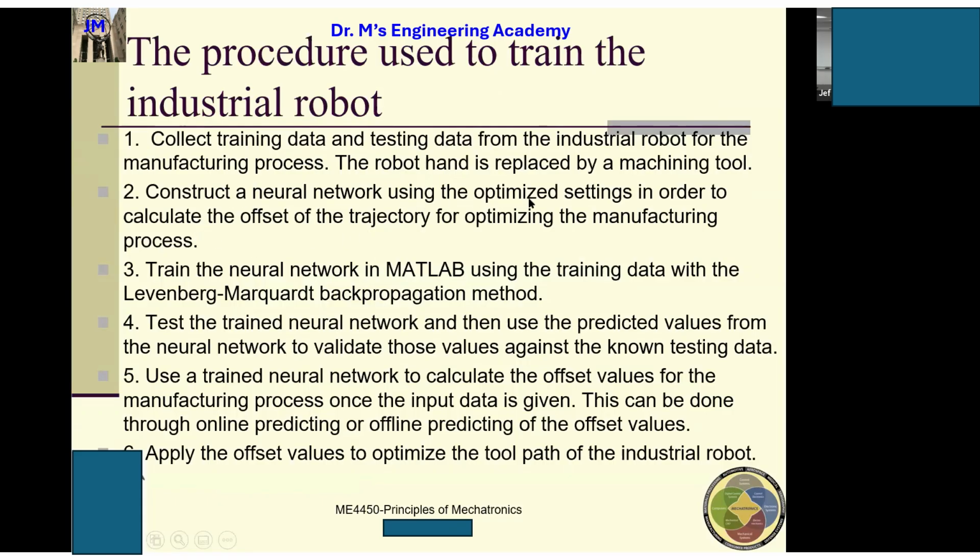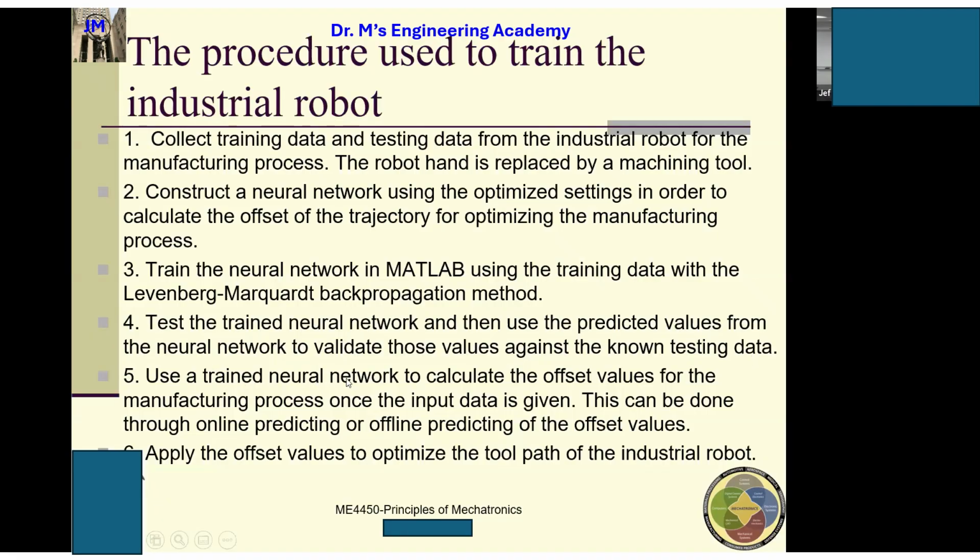Construct the neural network using optimized settings in order to calculate the offset of the trajectory for optimizing the manufacturing processes, and train the neural network in MATLAB using the training data with the Levenberg-Marquardt backpropagation method. Test the trained neural network and use the predicted values from the neural network to validate against the known testing data.